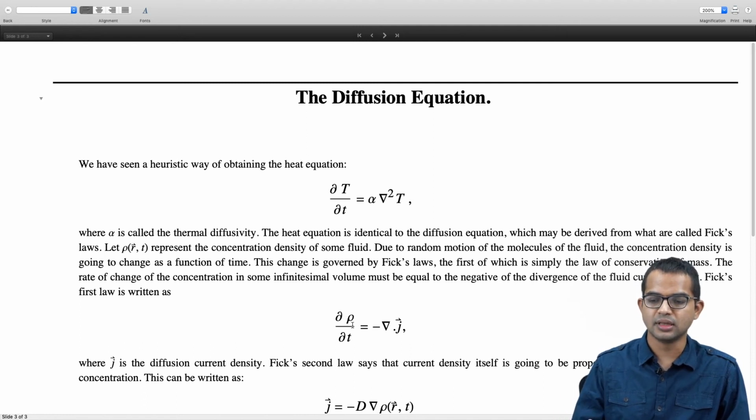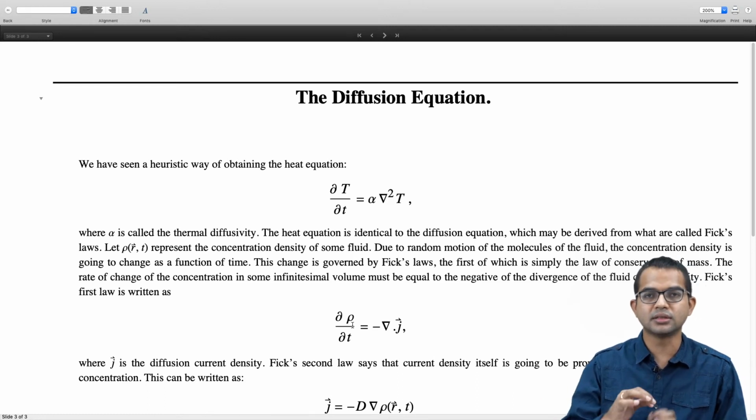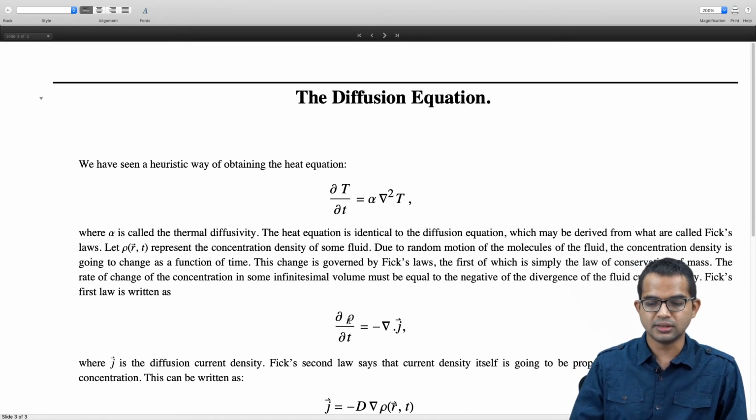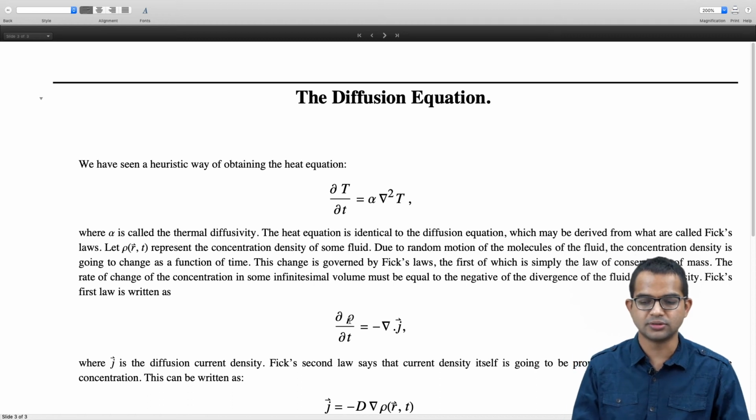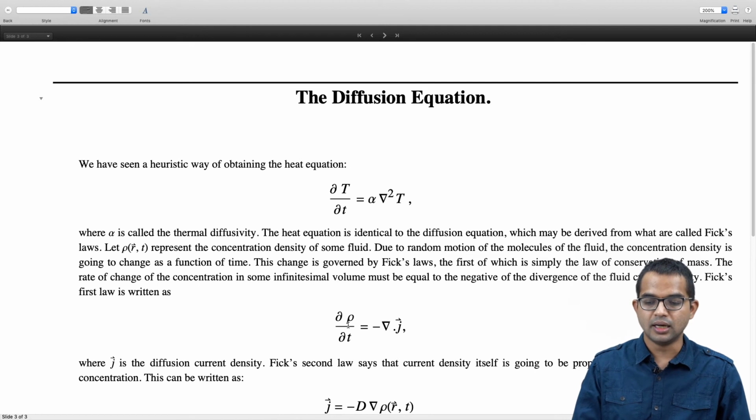So the current is one way of keeping track of how many particles are exiting some small region, and then this concentration density is another way of keeping track of it. And so both of these, it's a bookkeeping exercise which says that there's no destruction of mass, right? So therefore ∂rho/∂t must be equal to minus divergence of the current density.